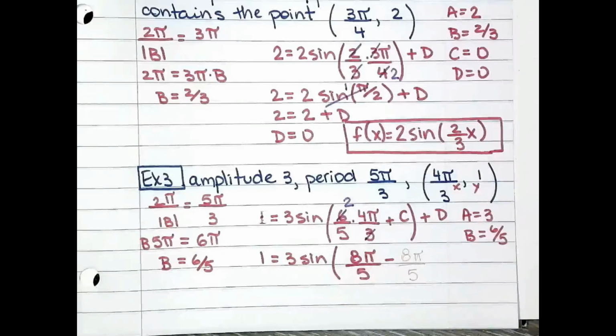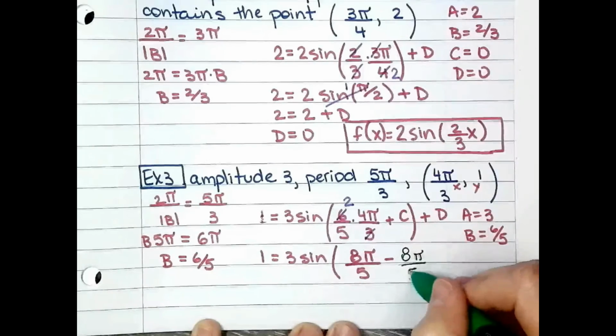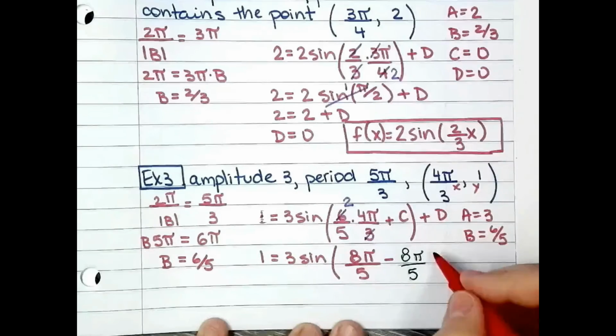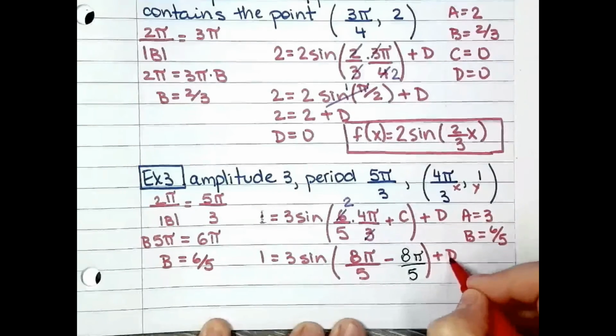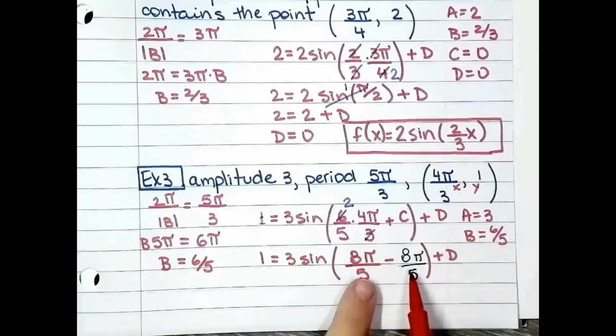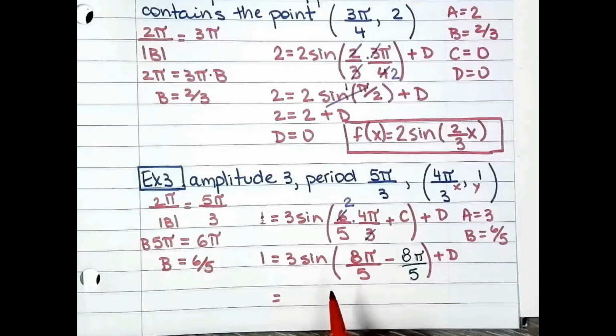You can't see. It was orange. But 8 pi over 5. It was green, but looks black. It's okay. Now I can solve for D, because I know this adds up to 0, and I know sine of 0 is 0. And 3 times 0, voila, is 0 again.